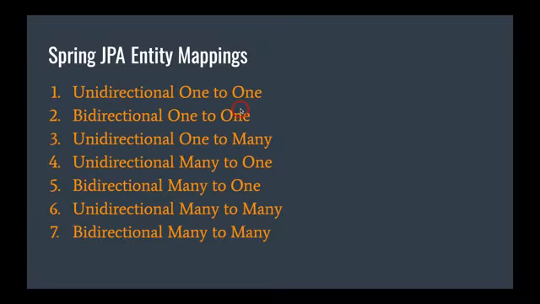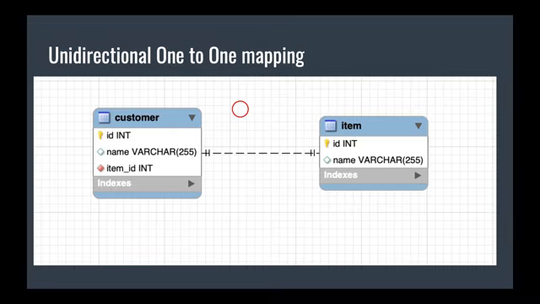First of all, when you're talking about unidirectional one-to-one mapping, one customer can purchase one item, right? If you define the @OneToOne association on the customer entity, then the association table is item.